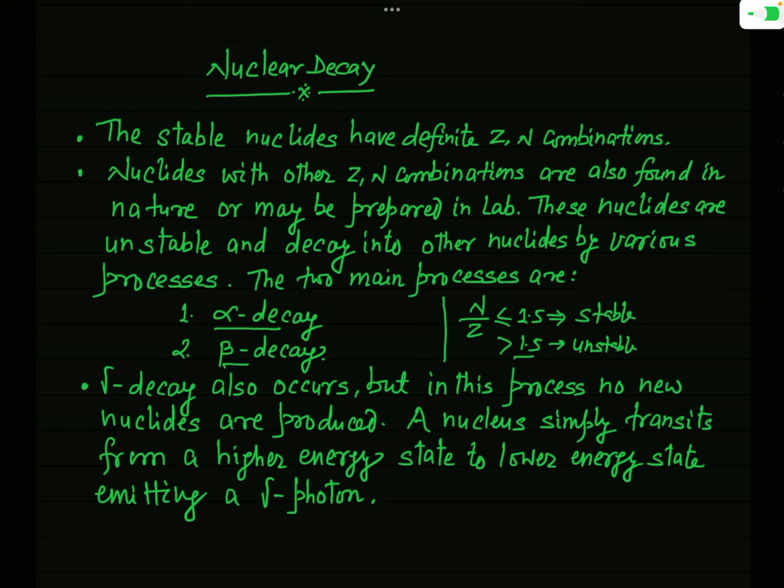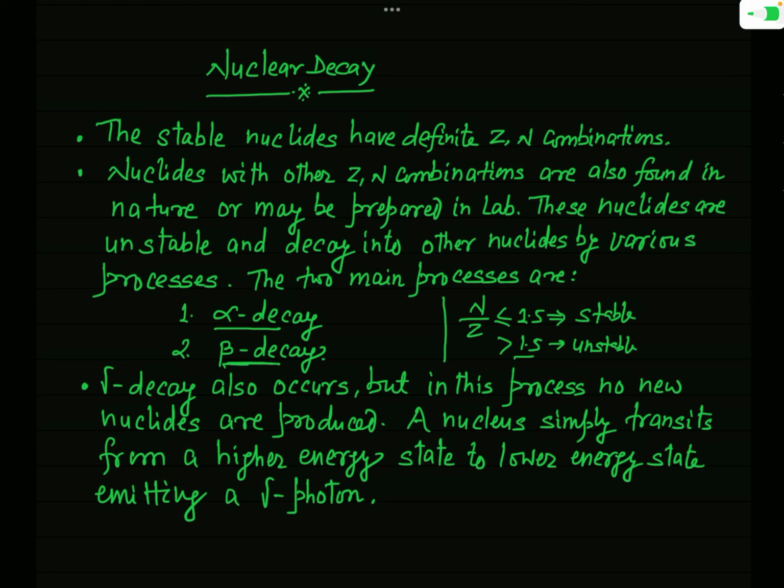It means the nucleus emits an alpha particle and transforms into another nucleus which is in fact stable. Similarly, an unstable nucleus emits a beta particle, and then a new nucleus is formed, which is called the daughter nucleus, which will be stable.